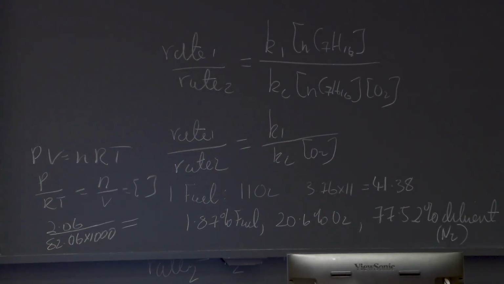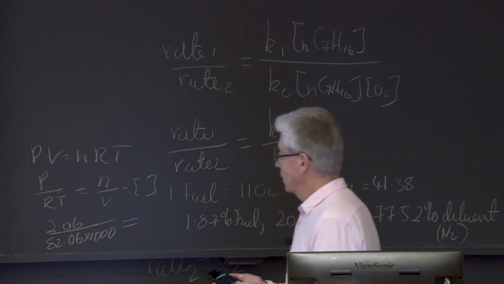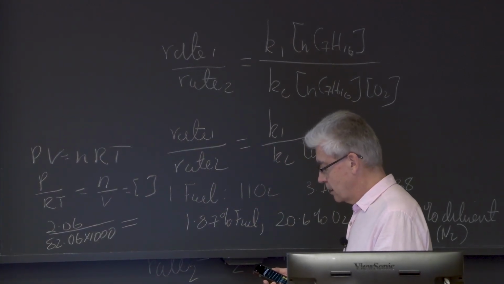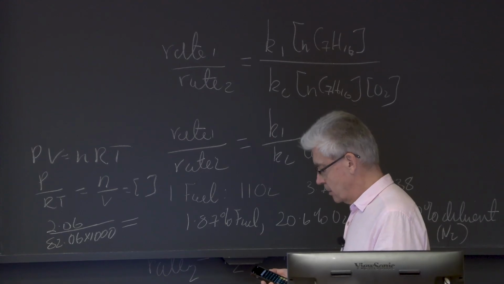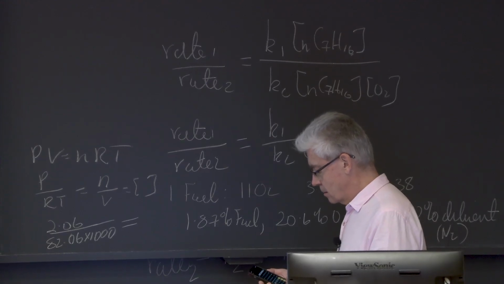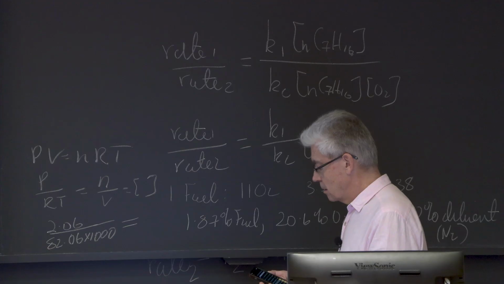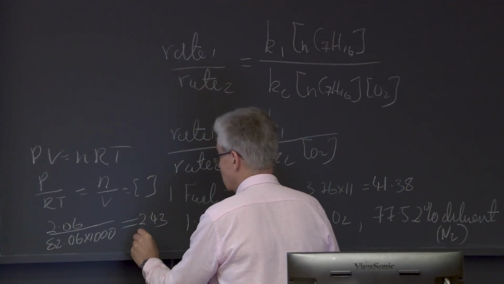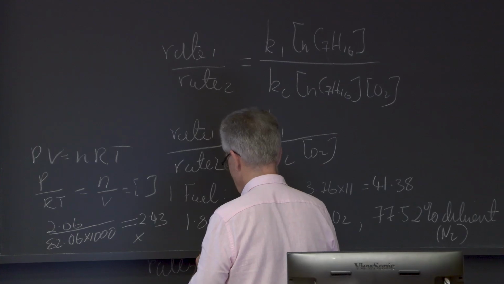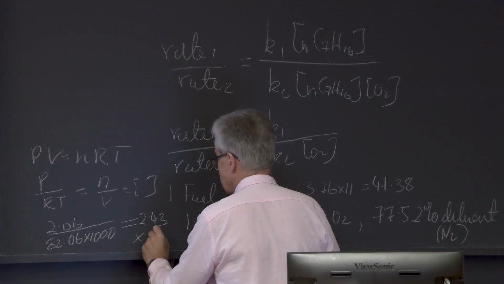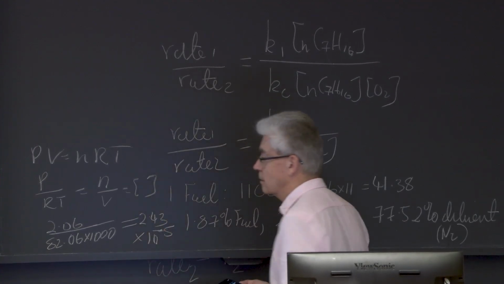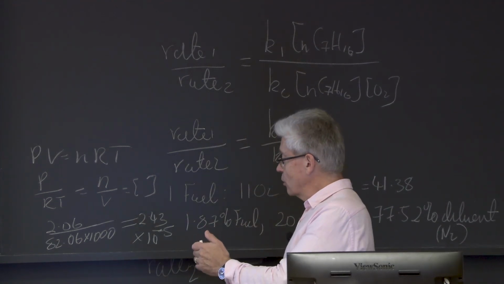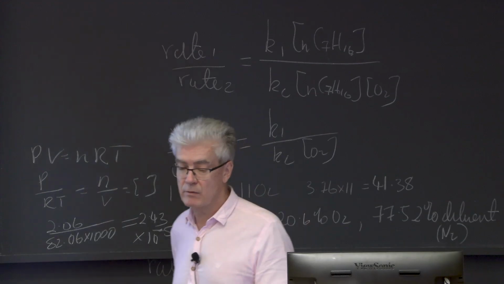So it's 2 divided by 82.06 divided by 1,000, which is 2.43 times 10 to the minus 5. So that's the concentration. The concentration of O2 is 2.43 times 10 to the minus 5.